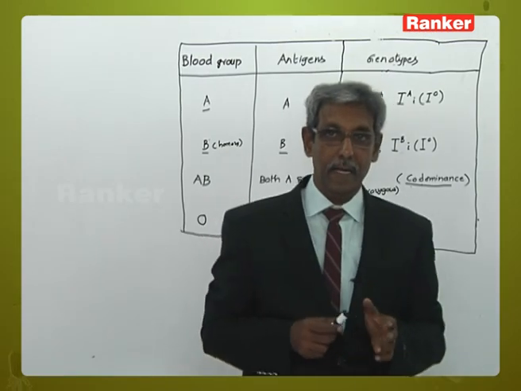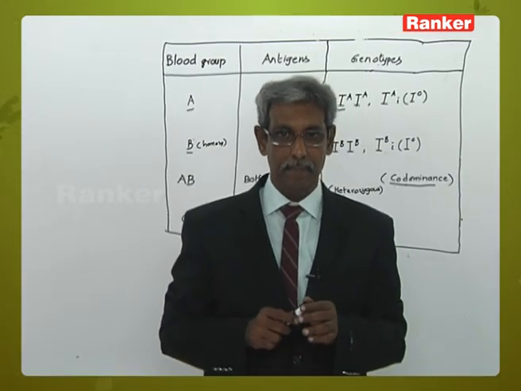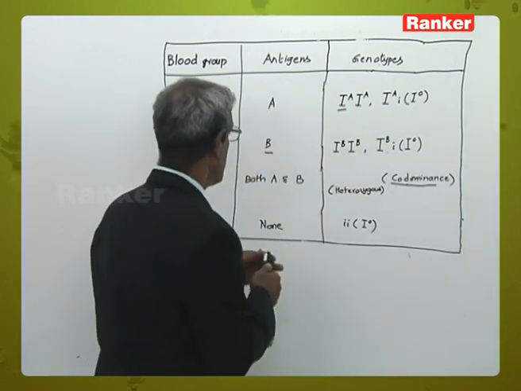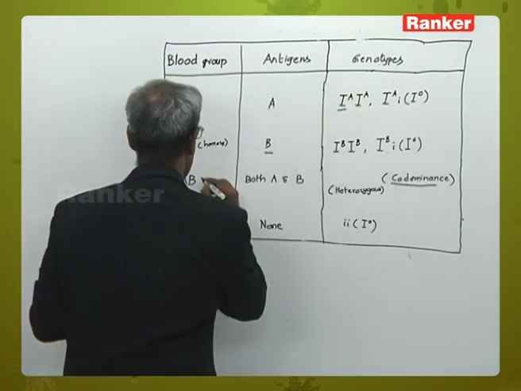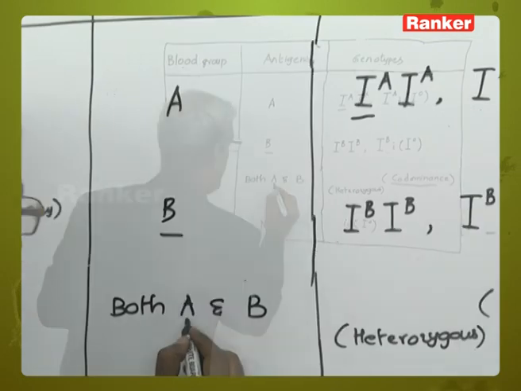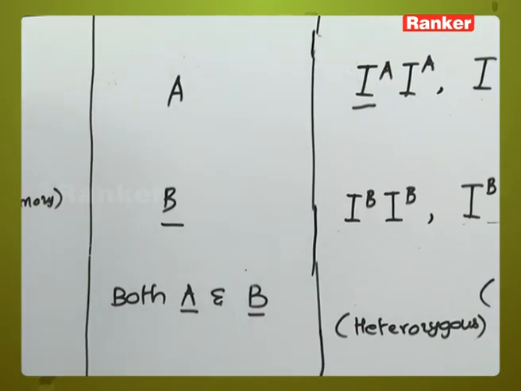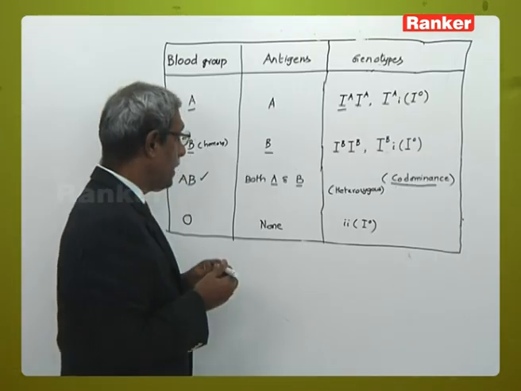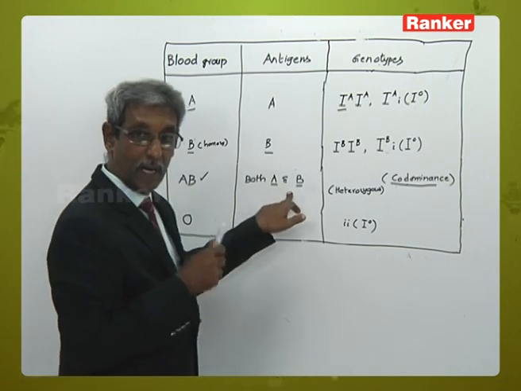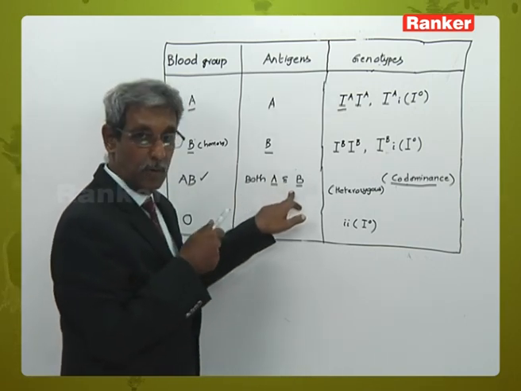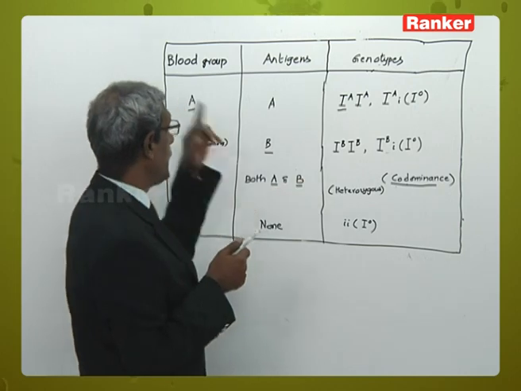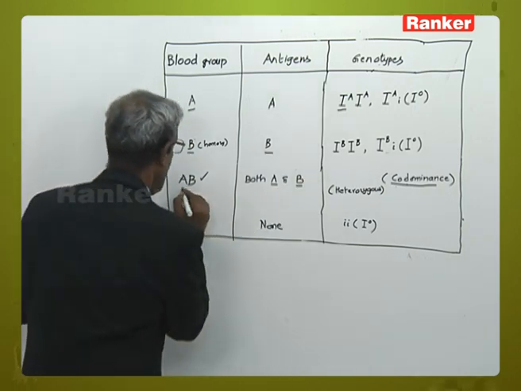We understand that in the ABO blood group system, both the antigens are present in AB. We have antigen A as well as antigen B. But because both the antigens are present, there are no antibodies. So when there are no antibodies, the blood group formed is AB.